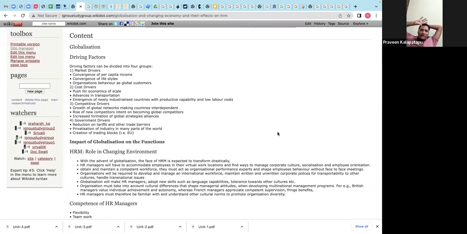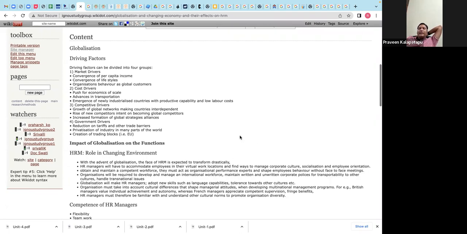Obviously, a single organization expanding across various geographical boundaries is what it is. It brings a broader perspective from the organization point of view, and it brings a lot of challenges, because every country is different; they have different laws, different cultures, etc. So that is globalization in short.